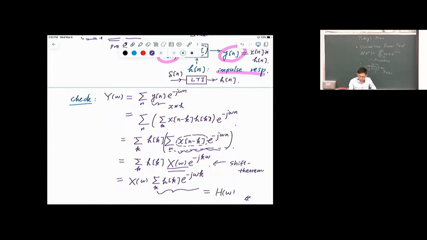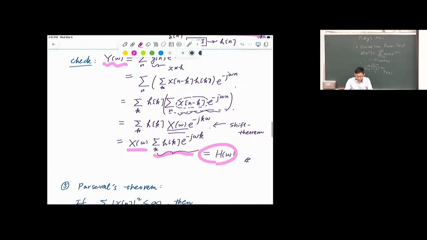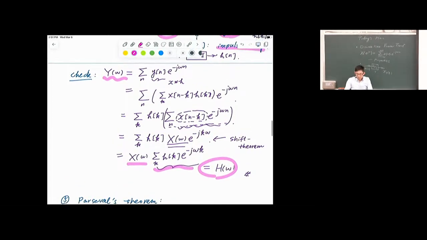Now we have come to the conclusion that Y of omega equals X of omega multiplied by this thing, which equals H of omega. And that finishes our derivation. This is true: convolution in the time domain leads to multiplication of spectrums in the frequency domain. So later we can think of H of omega as the frequency response of our system.